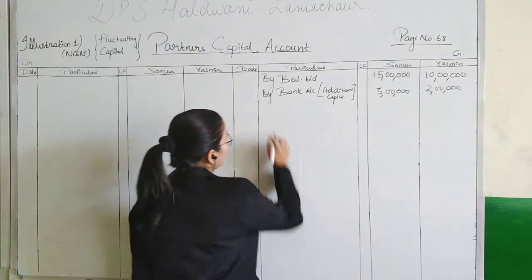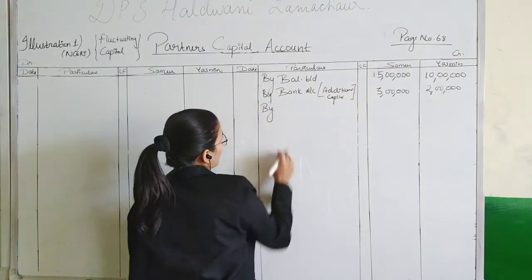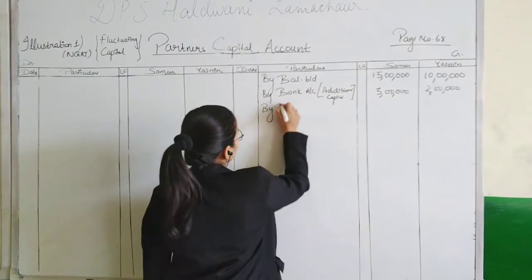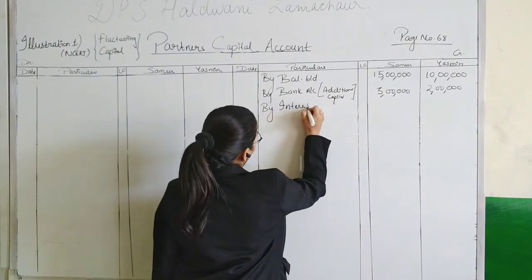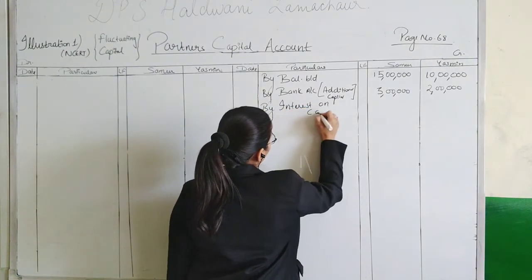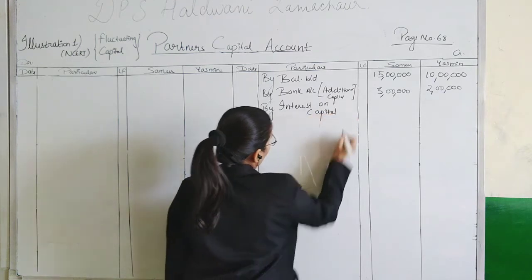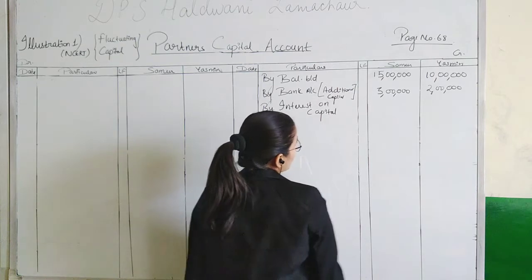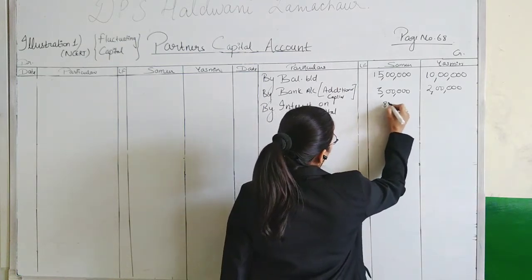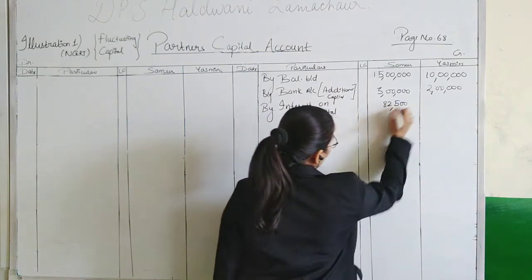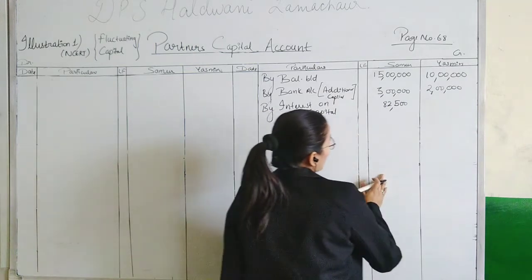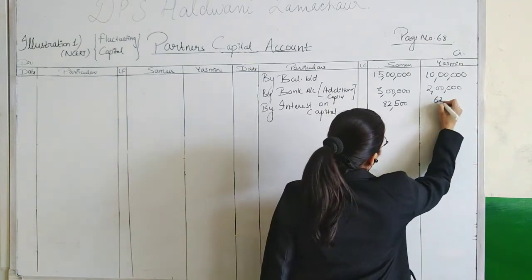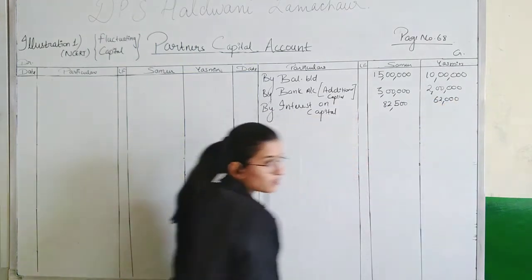Now we will record interest on capital allowed to partners by interest on capital. As we have already calculated, interest on capital allowed on Sameer was amounting to rupees 82,500 and interest on capital allowed on Yasmin is 62,000.